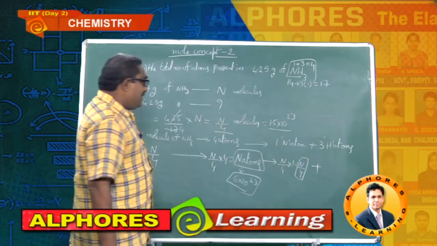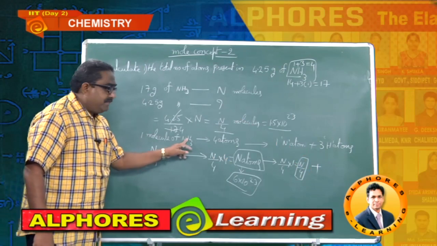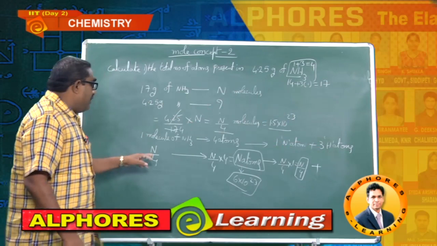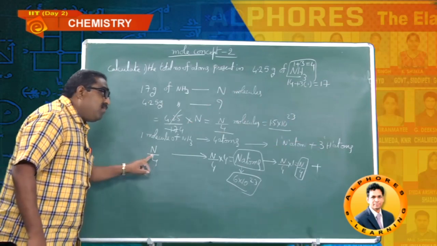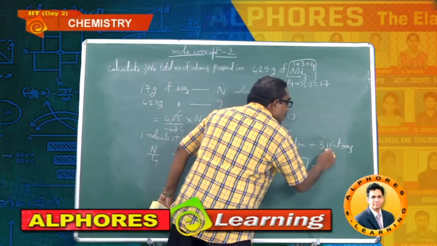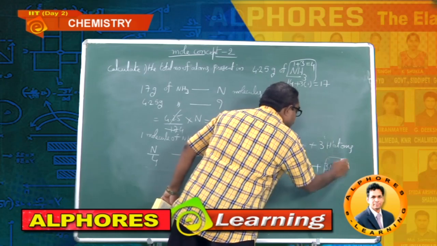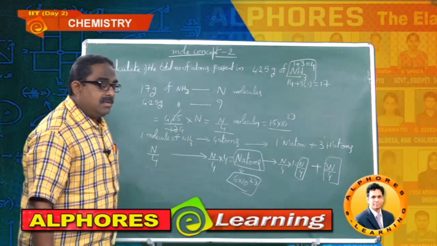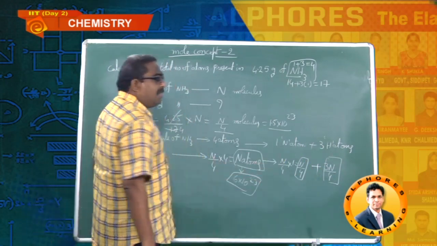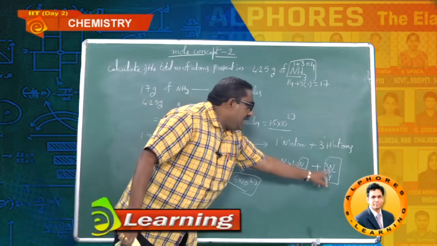Plus, coming to hydrogen atoms, 1 molecule of ammonia contains 3 hydrogen atoms, but in this case I got N by 4 molecules. So, number of hydrogens are N by 4 into 3, simply I can write 3N by 4. So, you can also report this in terms of 6 into 10 power 23 also. Now, add these two, N by 4 plus 3N by 4.